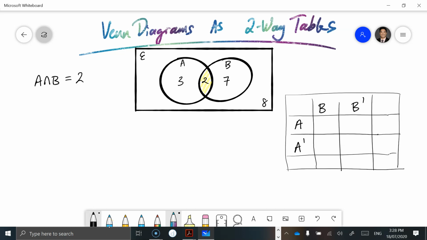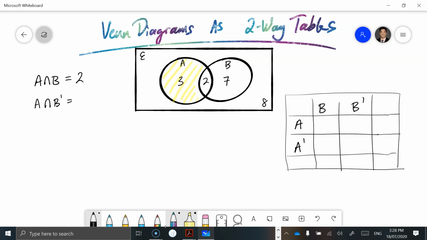And then if we wanted A intersection of anything that is not belonging to B, then what we're actually looking for is this section here.